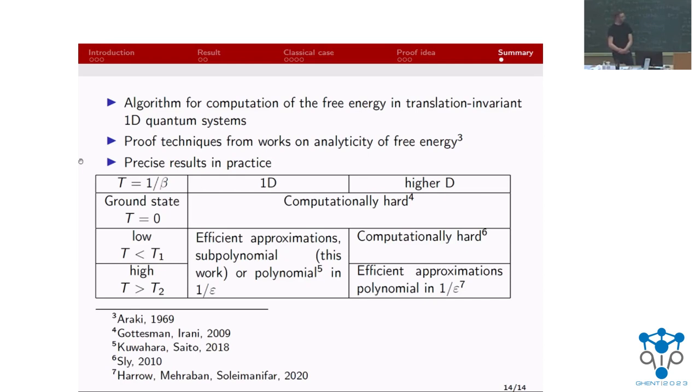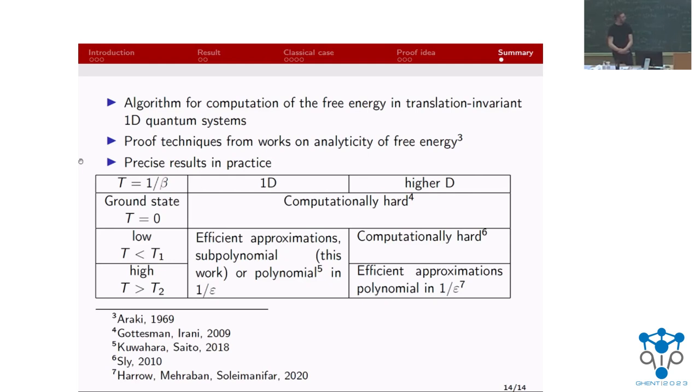And for all this regime, we know that there are efficient algorithms. Ours is not the first one. There was previous work by Kuwahara and Saito that proved a polynomial-time algorithm. Ours is now subpolynomial. In particular, we actually use the techniques that relate to phase transitions to also prove algorithms, which fits quite nicely in this picture, I would say.